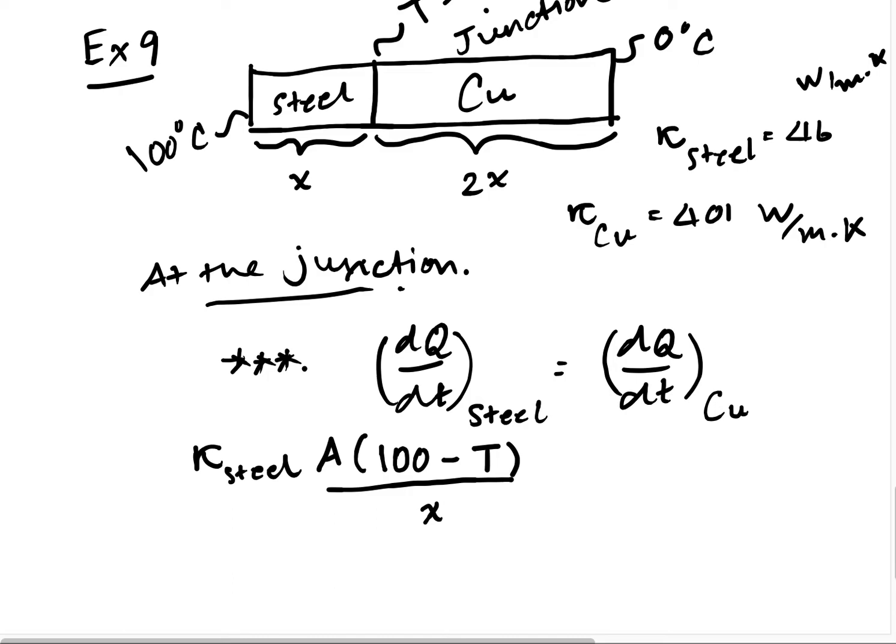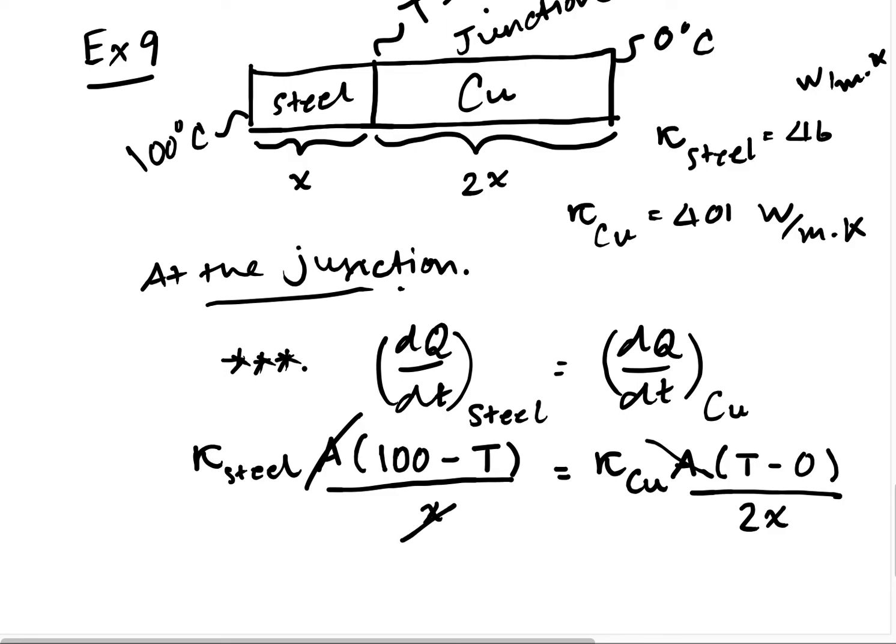And on the other side you can use the kappa of the copper times the area, and the temperature difference from the middle to the right, T minus 0 degrees C, over the distance 2x. Let's see what can be cancelled. A can be cancelled, x can be cancelled also.